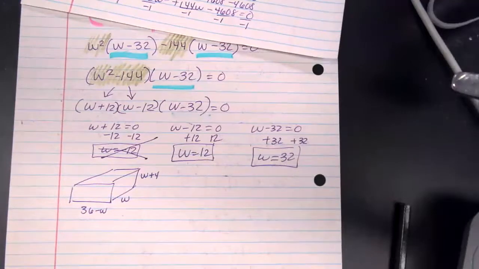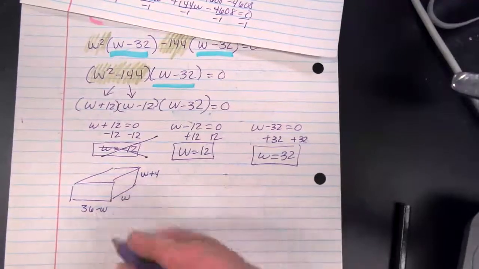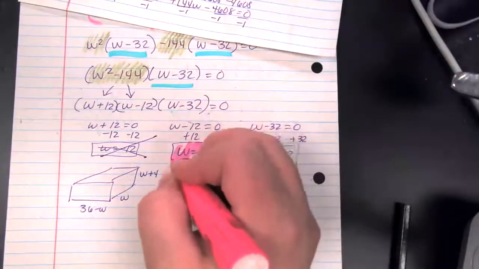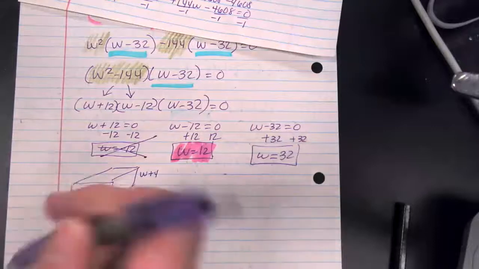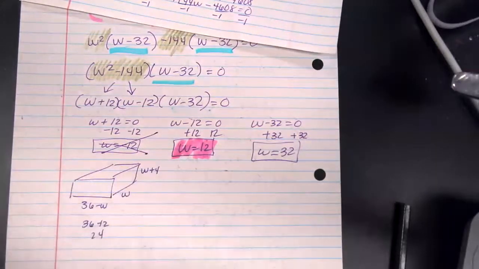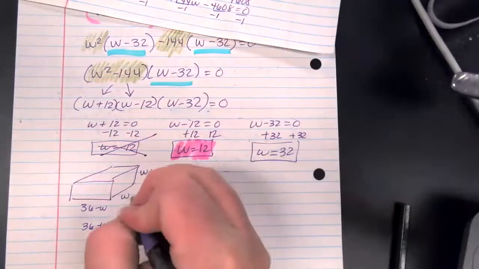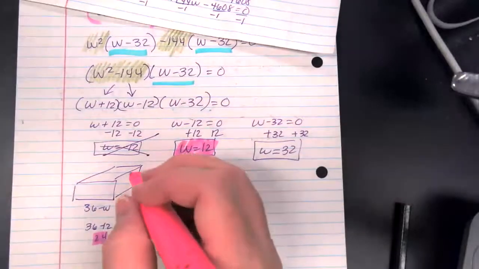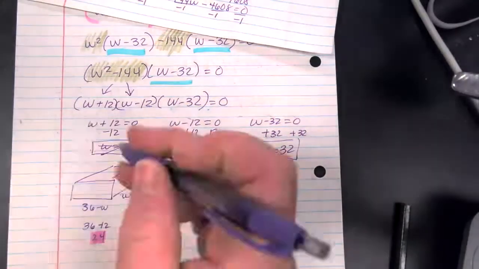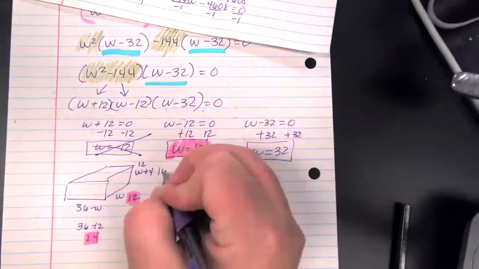If the answer is 12, so let me use this color. 36 minus 12 is 24, and this would be 12. And 12 plus 4 is 16.